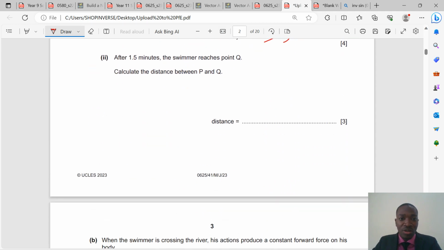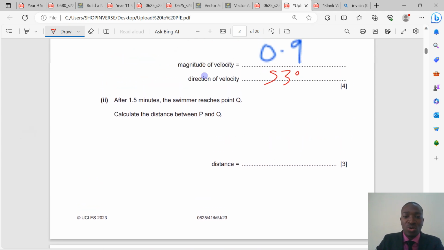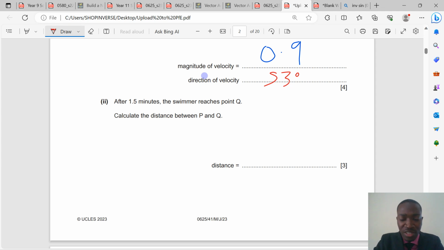That's all. The next one. After 1.5 minutes, the swimmer reaches point Q. Calculate the distance between P and Q. What's the formula for distance? Distance is equal to velocity multiplied by time. So what's the velocity? Velocity will be 0.9. What's time? Time is 1.5 minutes.